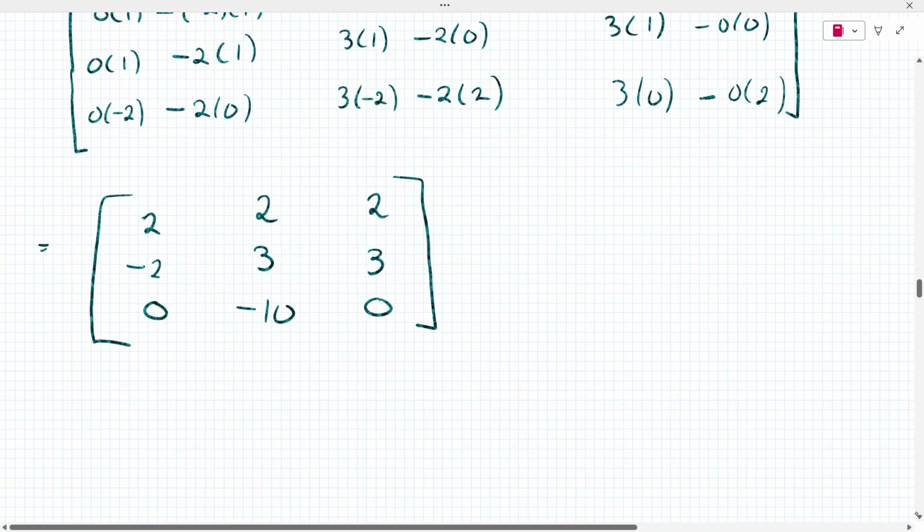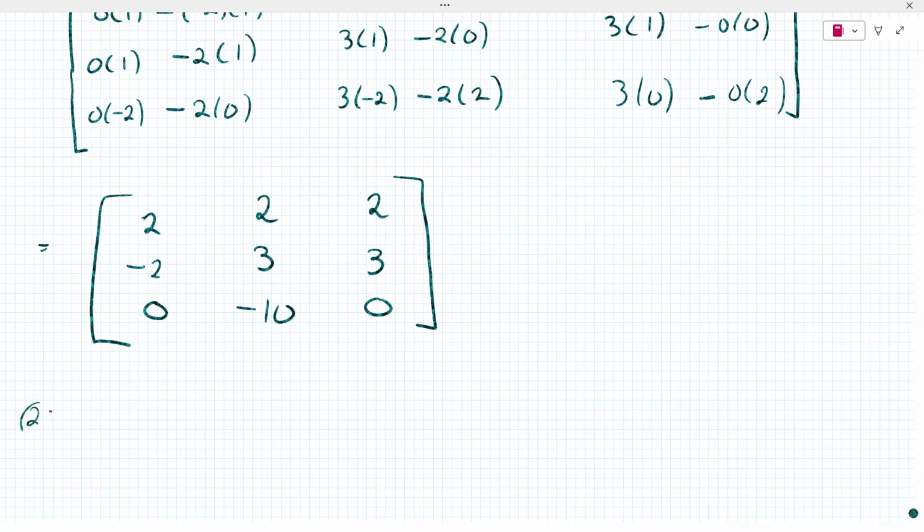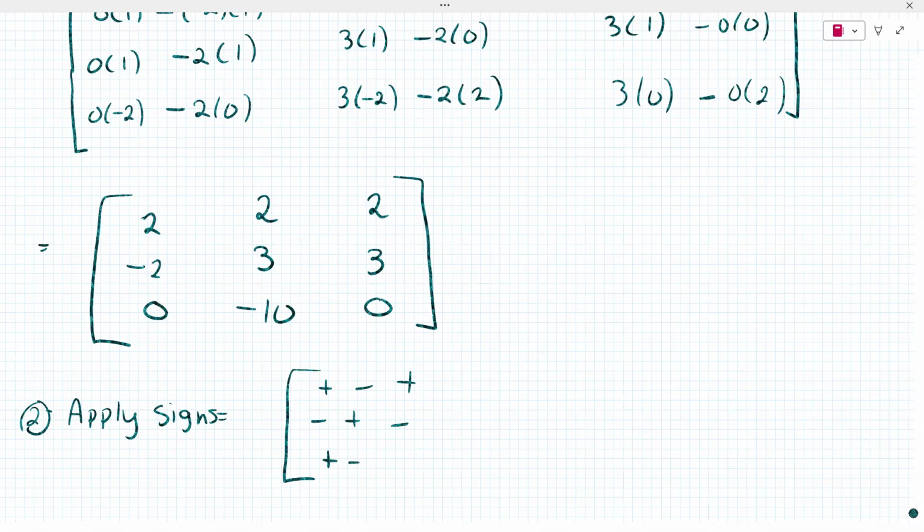Okay, then let's apply the signs. So this is a 3 by 3, so it's going to be plus, minus, plus, minus, plus, minus, plus, minus.